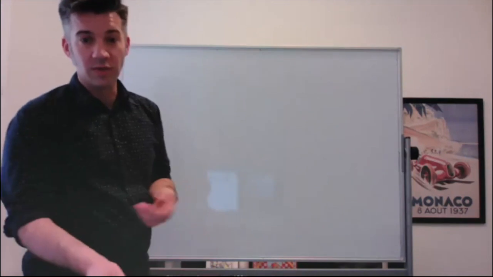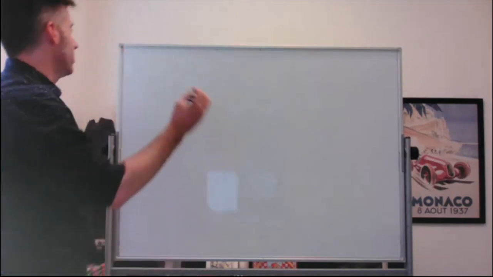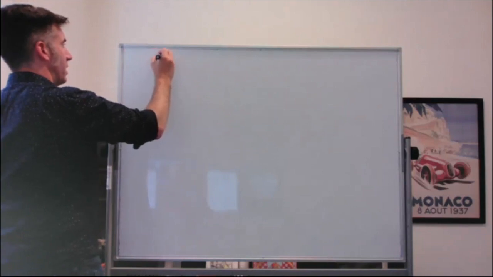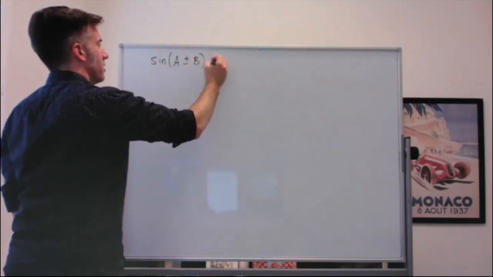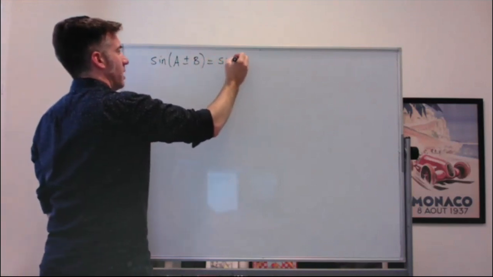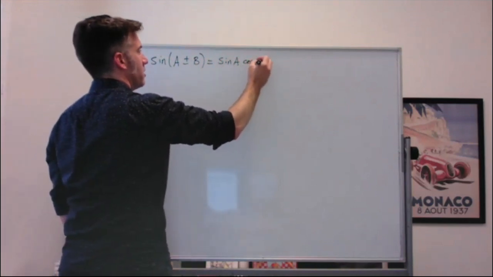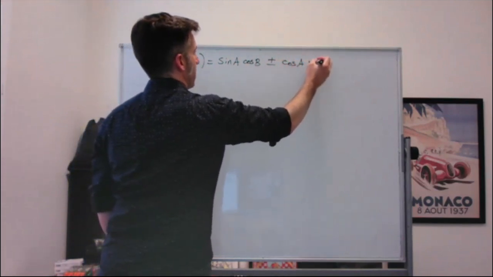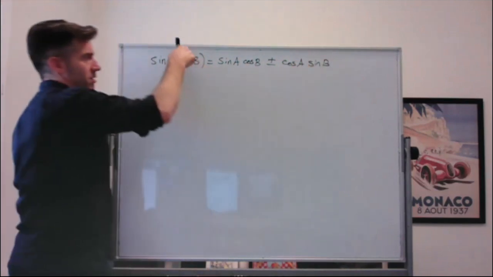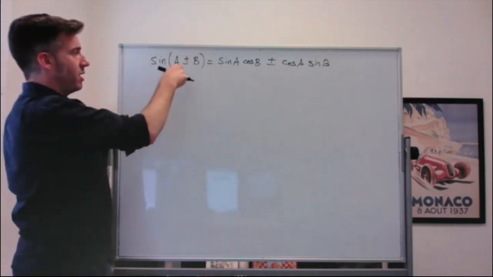So there you go for the angle sum formula. You're welcome to use it as you will. I will remind everybody, the angle sum formula for sine of A plus or minus B is sine A cosine B plus or minus cosine A sine B. And the sign here, if it's a plus here, it's a plus here.